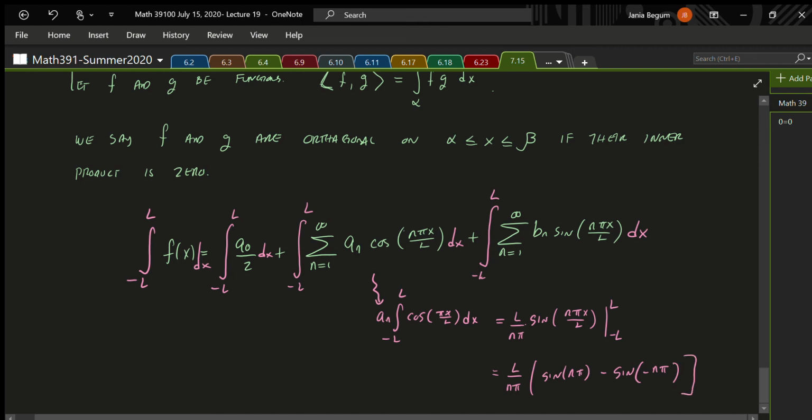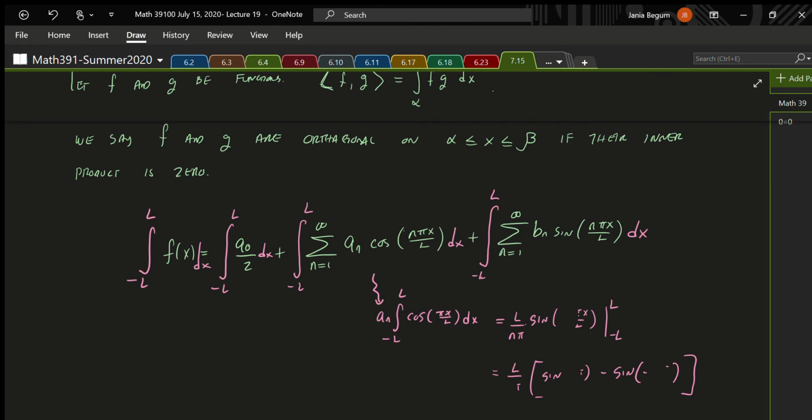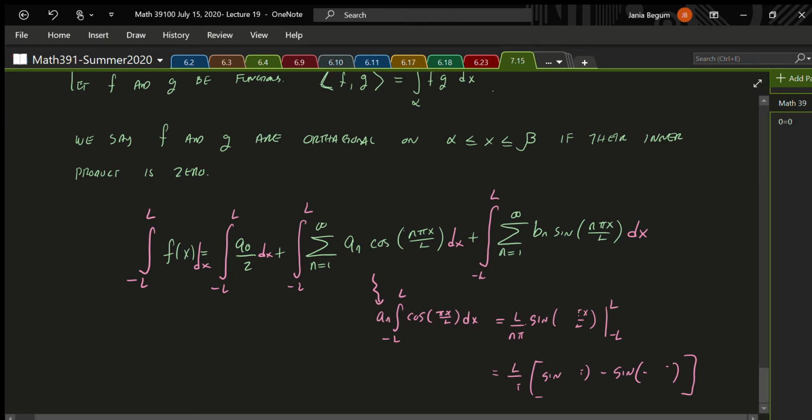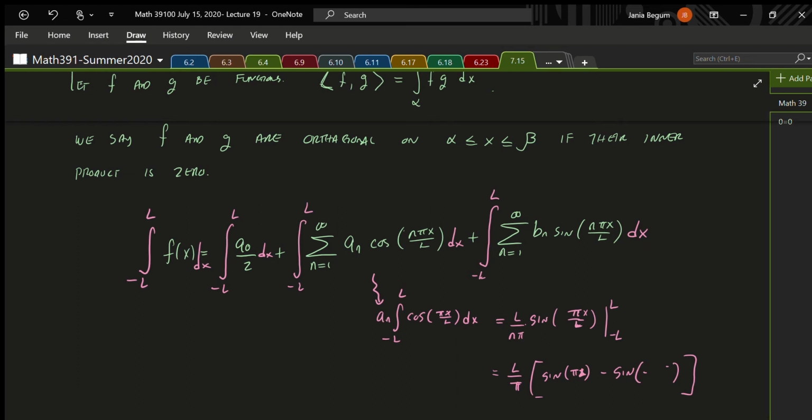So what is sine of n pi? I'm choosing n to be 1, so let's keep it simple. That's pi over L, and x is L, so that's just pi, so sine of pi.